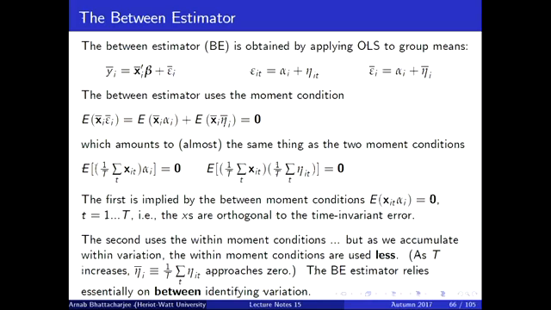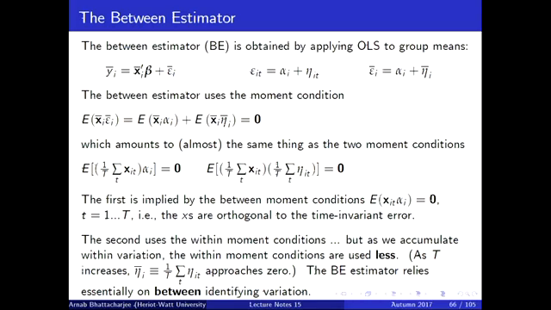Now what is that moment condition? That is the between identifying variation. So this essentially depends on between identifying variation. So the between estimator is very simple to use. One has to be careful about the underlying moment conditions.